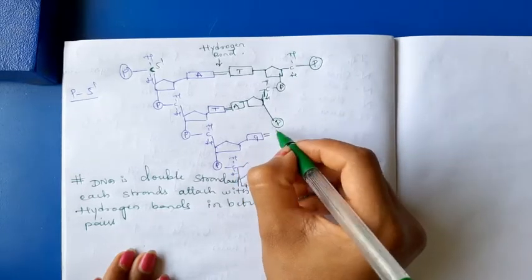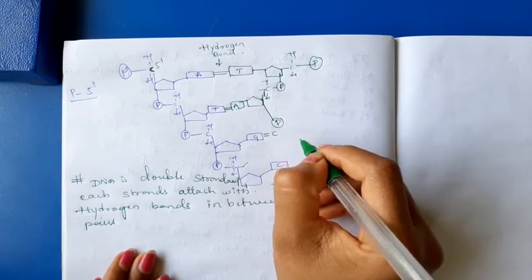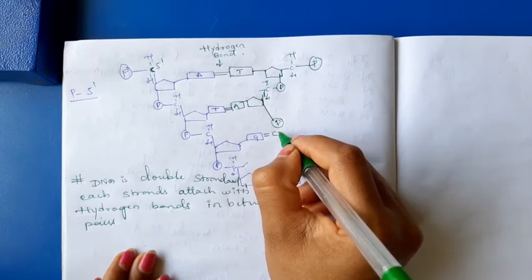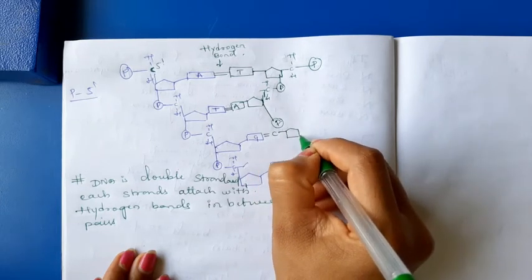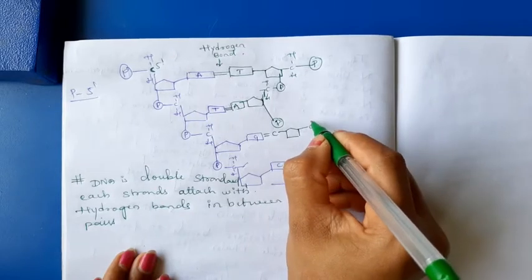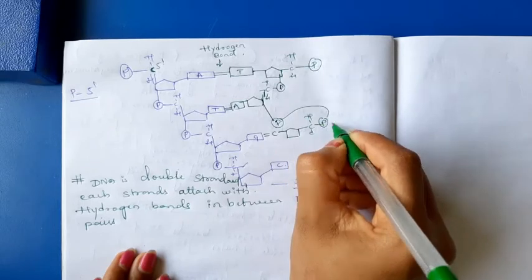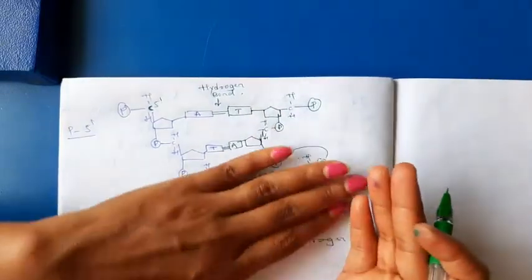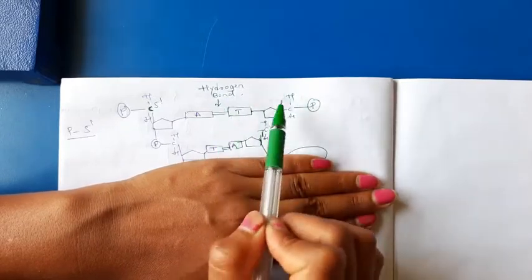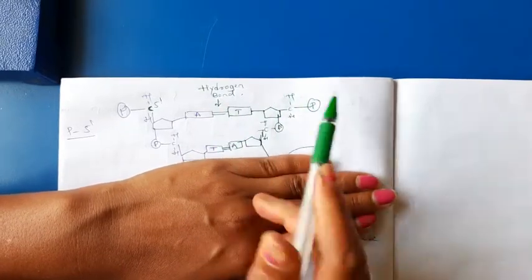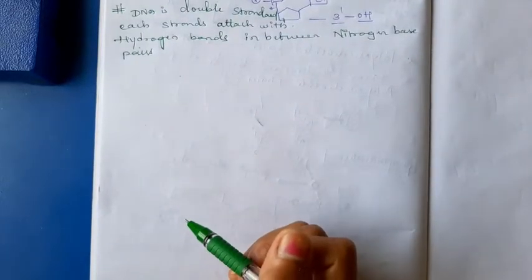Guanine binds with the cytosine. Just understand, each polynucleotide chain is going to bind with the other polynucleotide chain with hydrogen bonds. This is all about the structure of the polynucleotide chain.